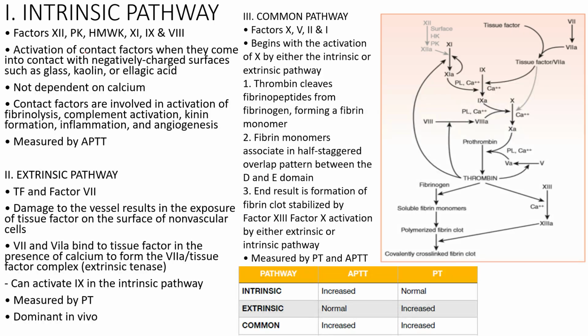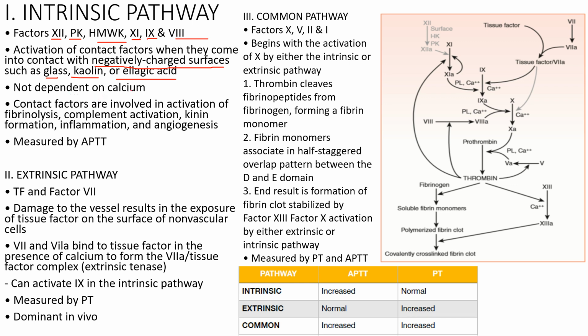Now, this is more explanation of the intrinsic pathway. The intrinsic pathway again would involve factor 12, prekallikrein, high molecular weight kininogen, 11, 9, and 8. Activation of contact factors occurs when they come into contact with negatively charged surfaces such as glass, kaolin, or ellagic acid.